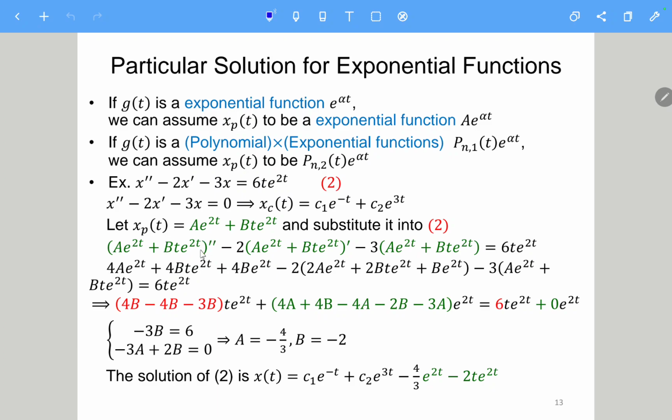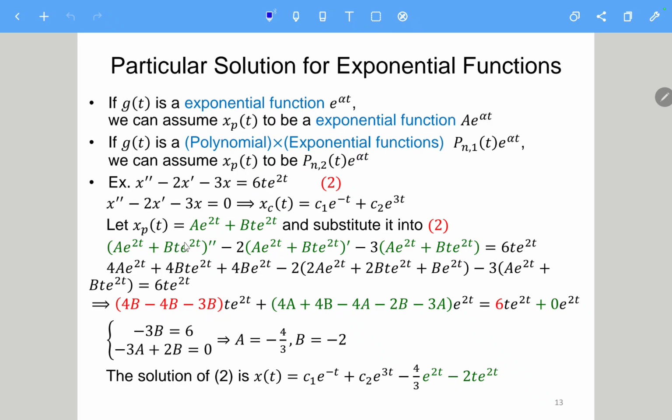And then this one is more complicated because we have the product rule. t is a function of t, exponential 2t is another function of t. So taking the second derivative will be the second derivative of this one times this function, which will be 0 because t is first order.